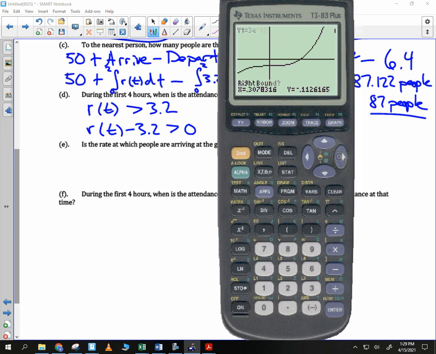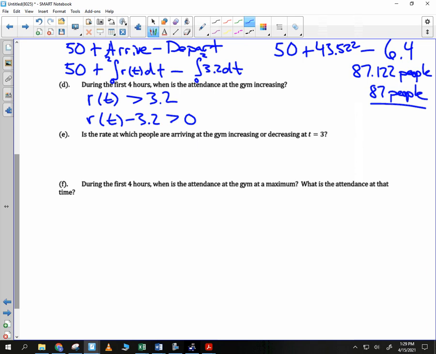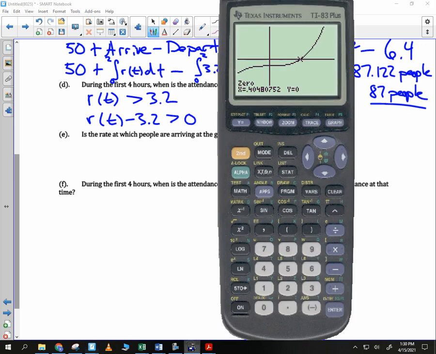And you guys are getting better at these problems. I enter on guess, and I get time equals 0.405. That's the time at which it changes. So the question is, when is the attendance increasing, from 0.405 to 4? Yep.